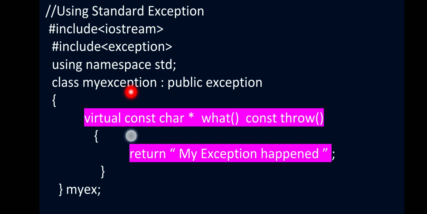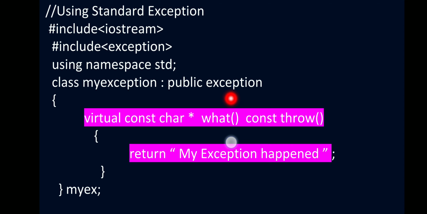By using this exception class, I'm creating my own exceptions. I have created a class called my exception, and this class is inherited from the exception class. The exception class belongs to the standard exception library.